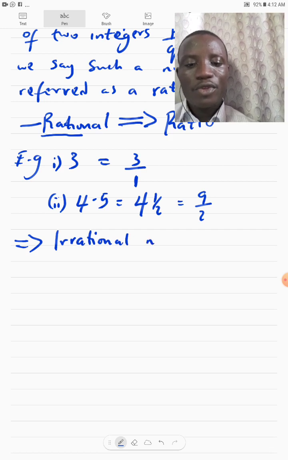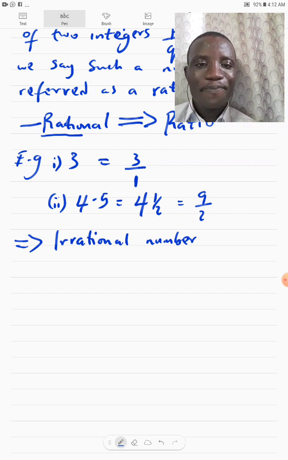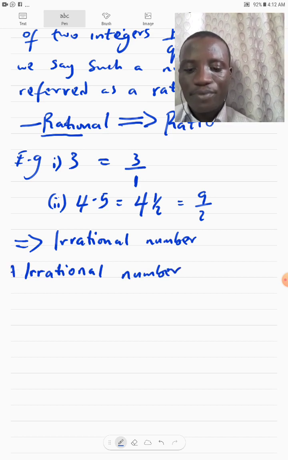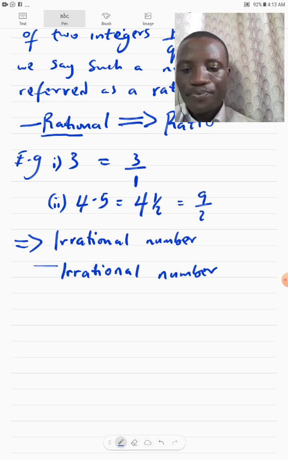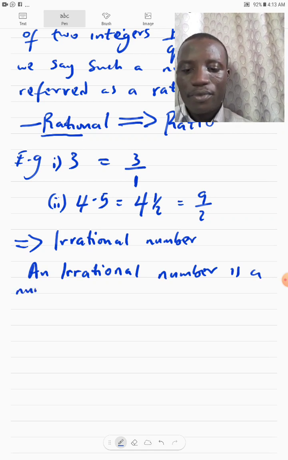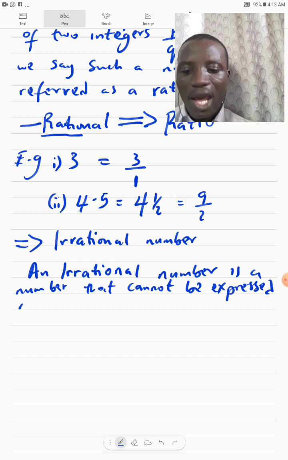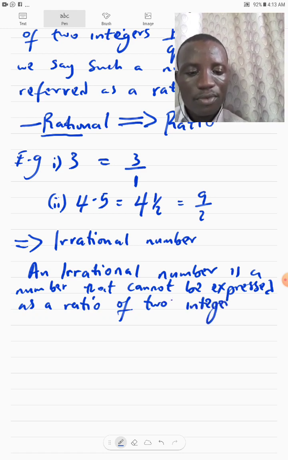An irrational number is a number that cannot be expressed as a ratio of two integers, p over q, such that q is not equal to 0.